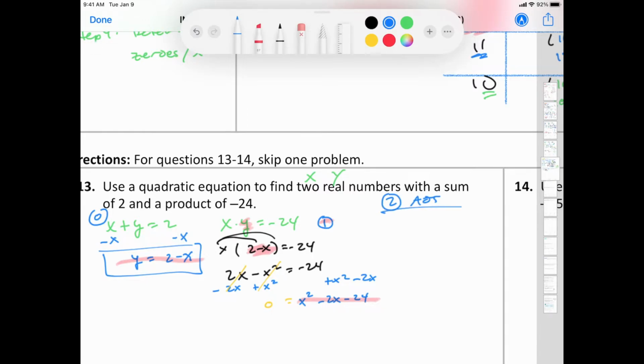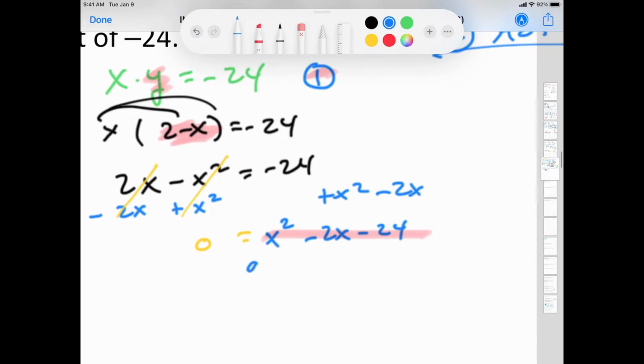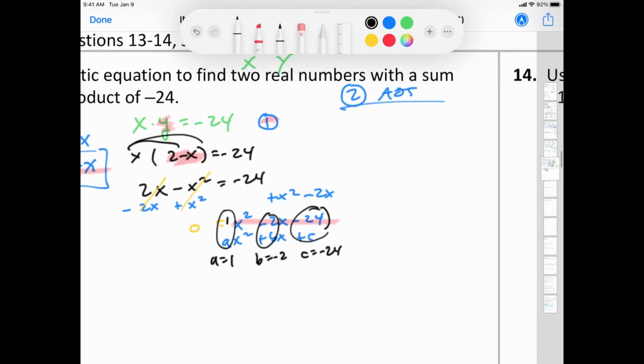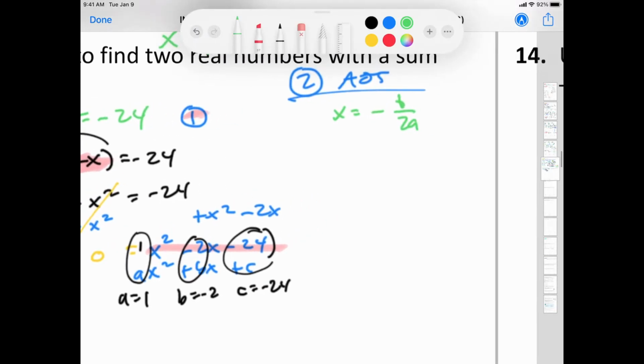Okay, so I'm going to name my A, B's, and C's. So A is 1, B is negative 2, and C is negative 24. Which you don't really need C here, but our formula for axis of symmetry is x equals negative b over 2a. Always write down the formula.